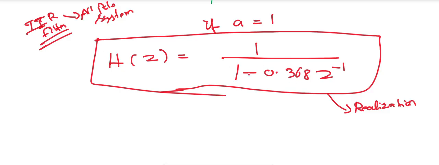So there is one pole, 1 minus 0.368 z inverse. So 0.368 is the alpha, and we know the a k and b k coefficients. The a k coefficient is here, 0.368. Now how to realize the system?